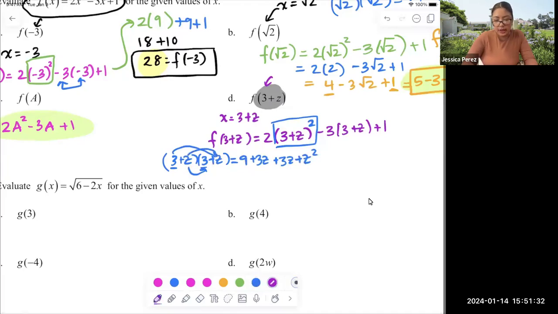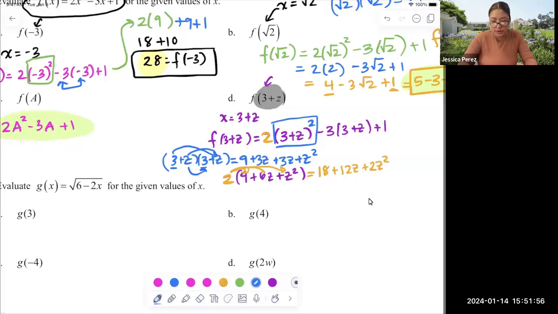So I'm just going to clean that up. 9 plus 6z plus z squared. All that has a coefficient of 2 from the original, so I'm distributing this 2: 18 plus 12z plus 2z squared.